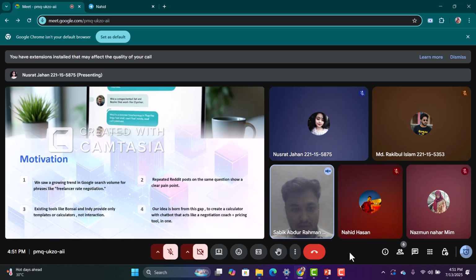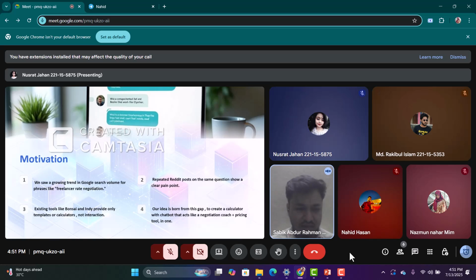The second line is about repeated Reddit posts on the same question, which shows a clear pain point. Across Reddit, the same question keeps popping up: how much should I charge? This repetition reveals a major gap in supportive resources for freelancers.